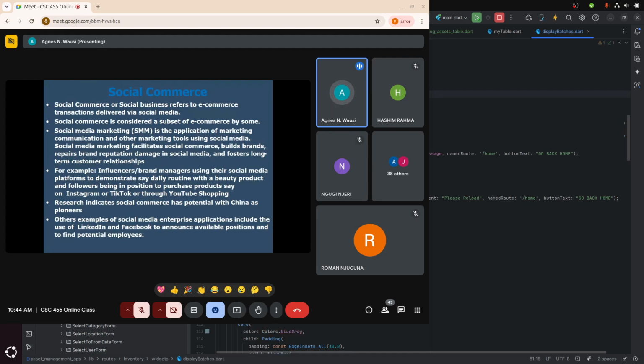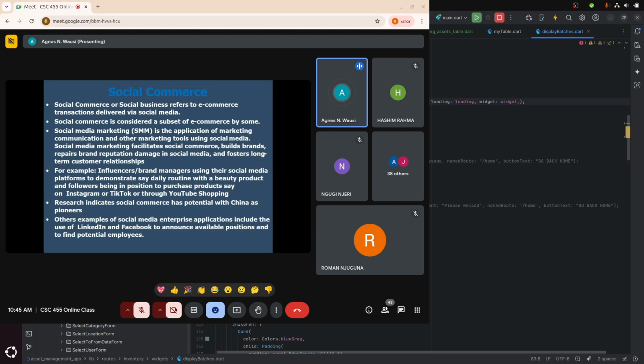So it has potential, and it is seen that China was the pioneer of this social commerce, and that is where a lot of interest has picked up, and you find it embedded in the social media platforms. You can see this especially with TikTok, because TikTok also came from China. They say that with TikTok you are able to see lives.